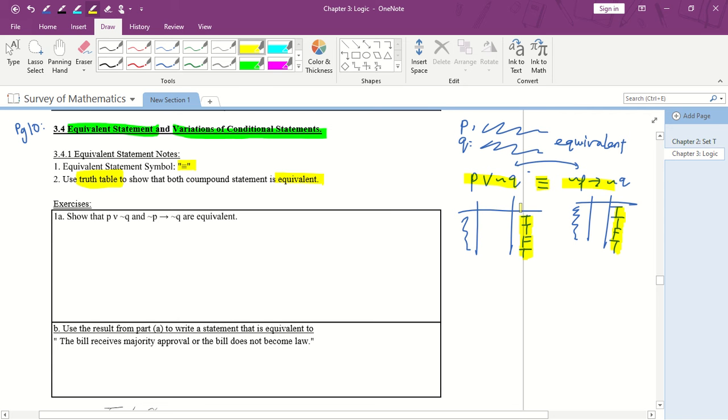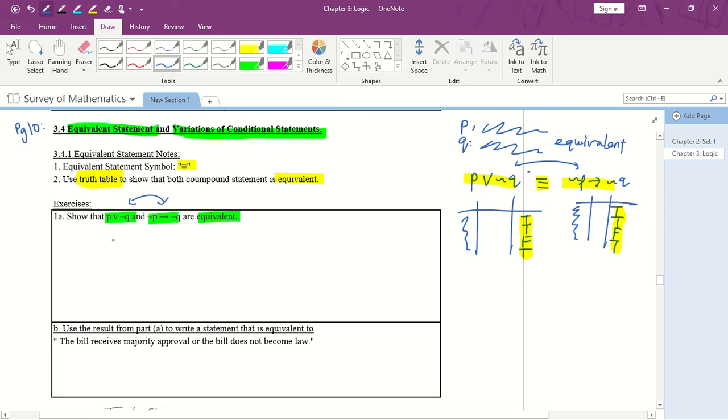So this is what equivalent means in compound statements. There's a question here that says: show that P or negation Q and negation P to negation Q are equivalent. Now we need to prove it and show that they are equivalent.